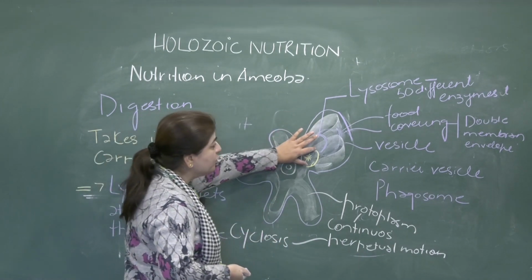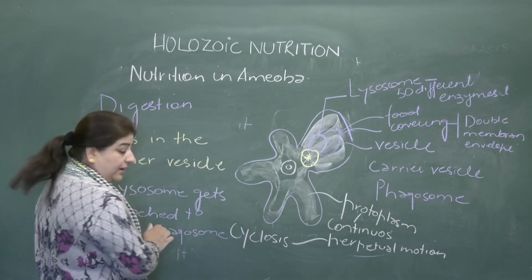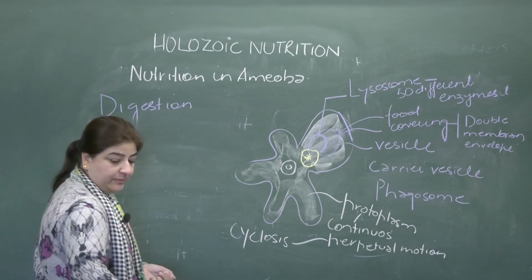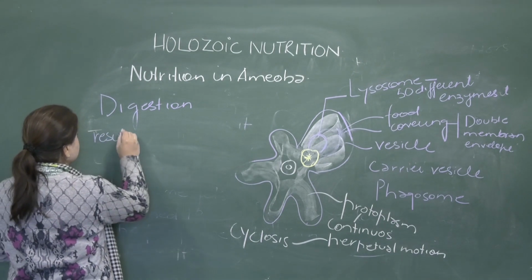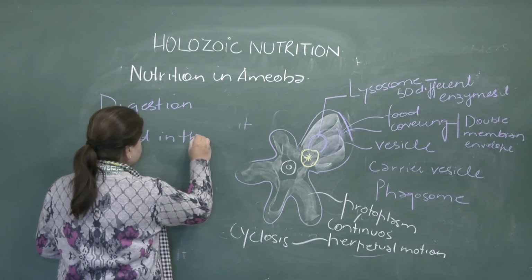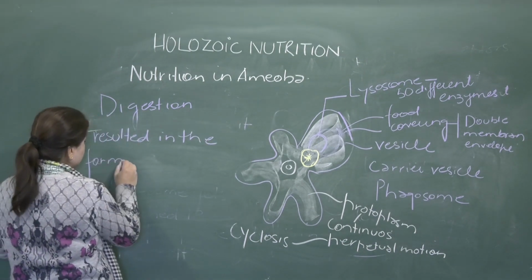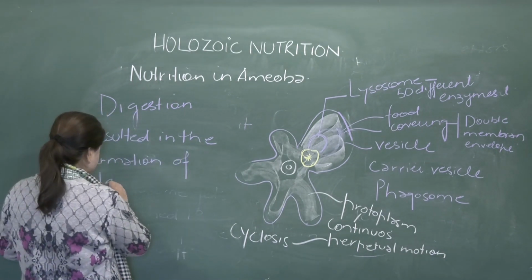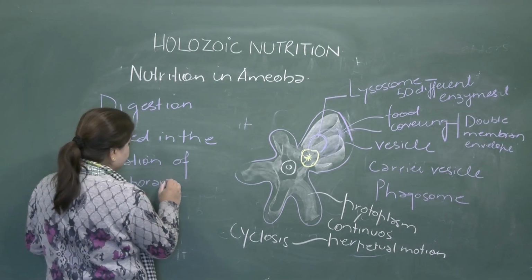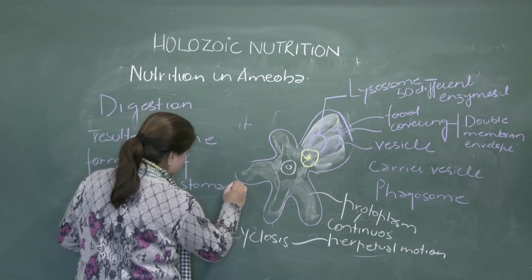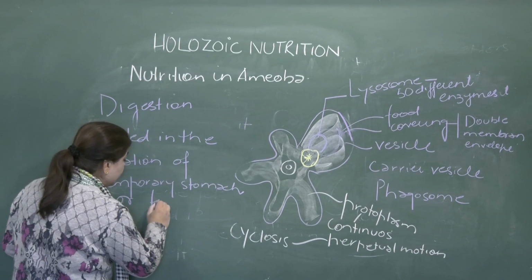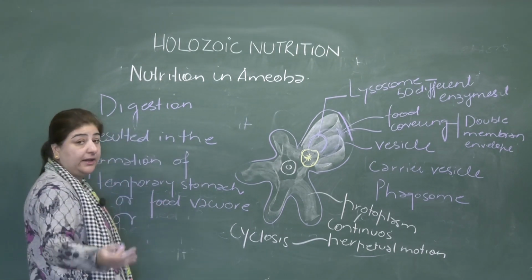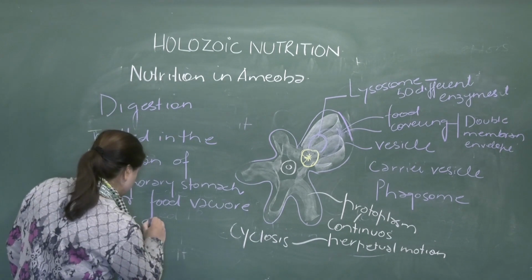So this lysosome got fused with the phagosome and it resulted in the formation of a temporary stomach, or food vacuole, or if we give a technical term to this temporary stomach, we call it a gastrule.